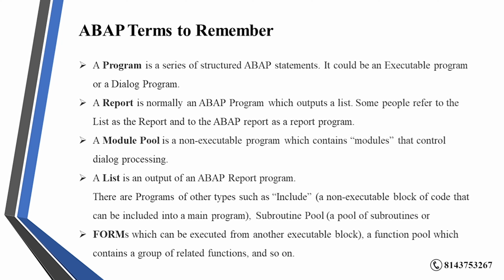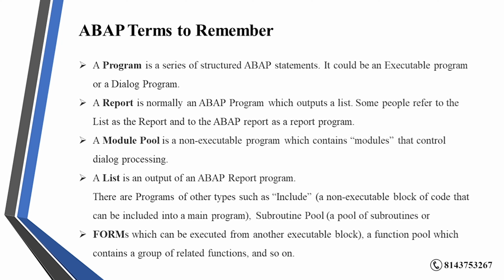Okay. So next, a list. This is the output list, similar to a report program. As a report program gets displayed as a list, a list may be of different types. It may be a grid layout, or it may be a non-executable block, or a non-editable block, like that.